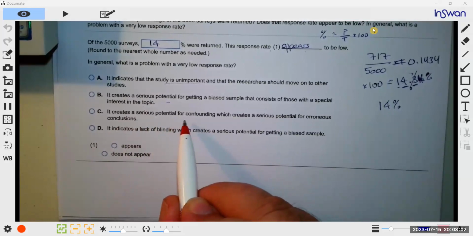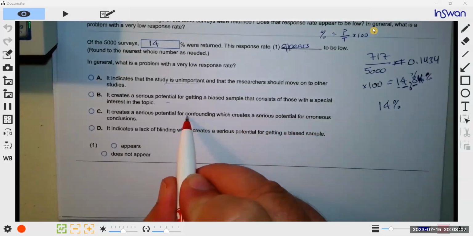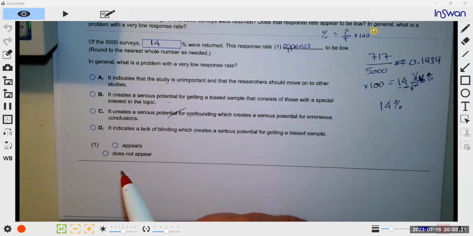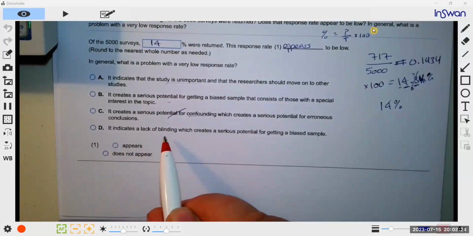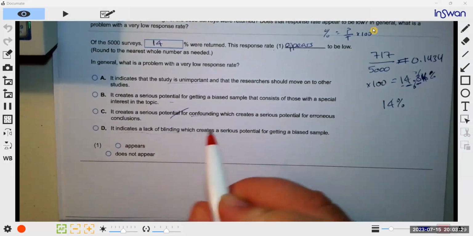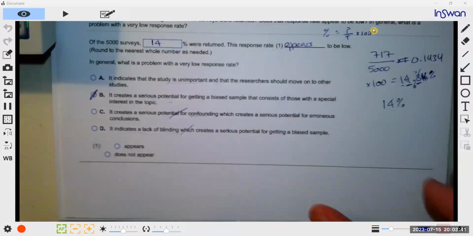It creates a serious potential of confounding, which creates a serious potential for erroneous conclusions? No, confounding is not made by error. It's the low number that won't do that. It's just how you present it. A graph would do that. So that's not right. It indicates a lack of blinding? No, it doesn't indicate lack of blinding. How would you do a blinding of a survey? That's ridiculous. So the answer has to be B.